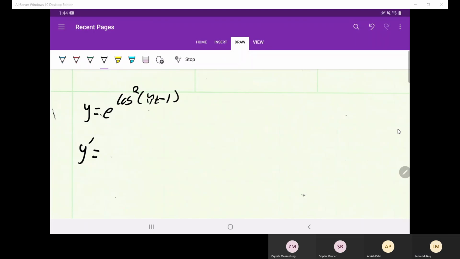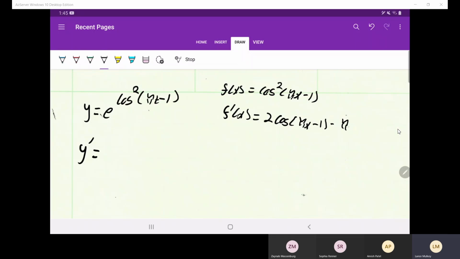So say f of x equals... I put an x there by accident, so I just corrected. So f prime of x equals 2 cosine of (x minus 1) times the derivative of the inside, which is just pi, which equals 2 pi.